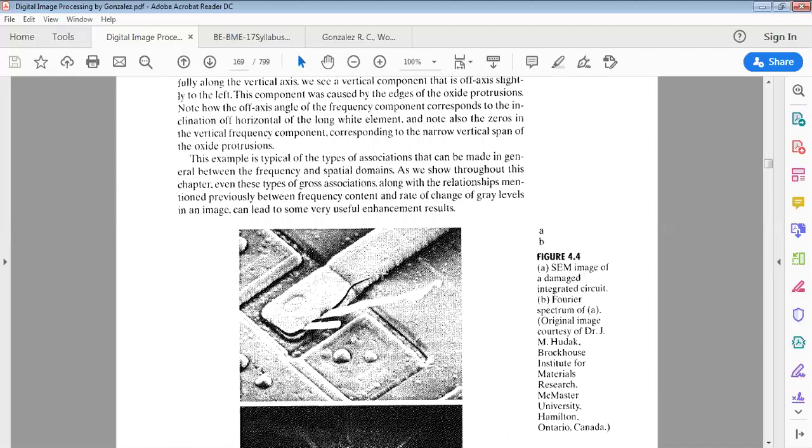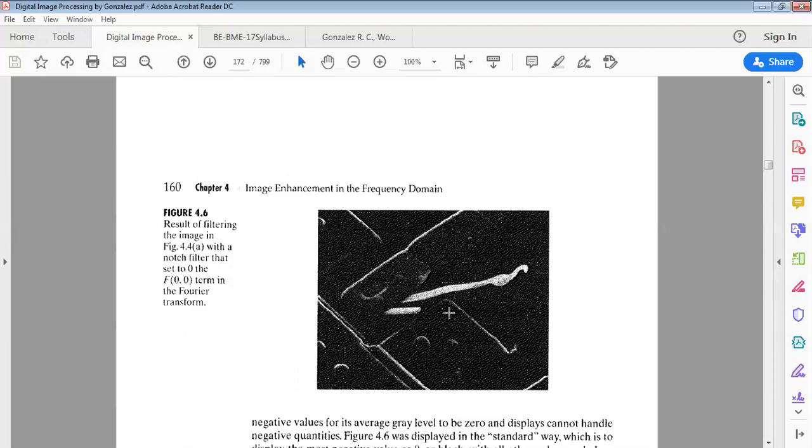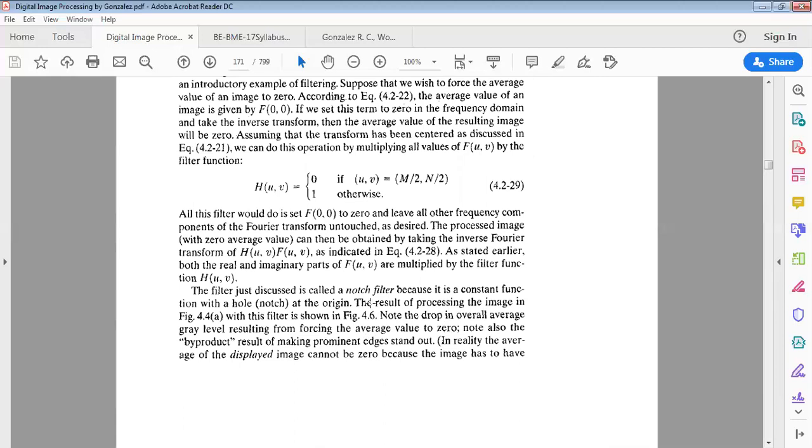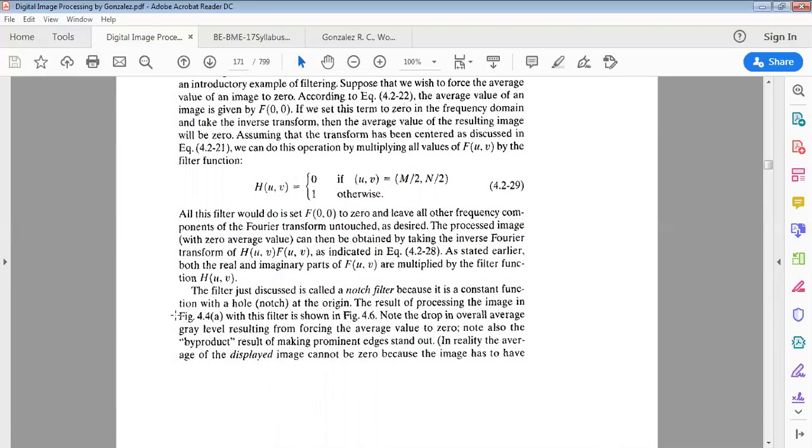This is the original image. You take the Fourier transform, and F of 0, 0 is the origin. If you set that point to 0, we are setting the average value to 0, and this is what we get. Note the drop in the overall average gray level resulting from forcing the average value to 0.